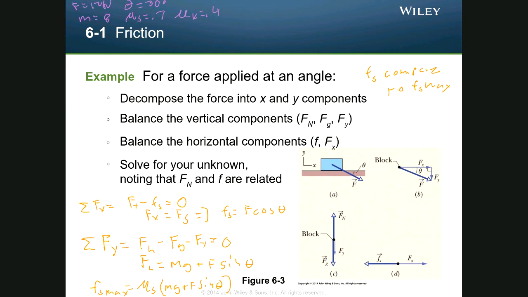Fs max, the maximum value, is equal to mu s times Fn. All right, we wrote that in the last slide. So that's where that comes from. I have no idea what the numbers are. This is one of those times where you plug it in and find it out yourself.